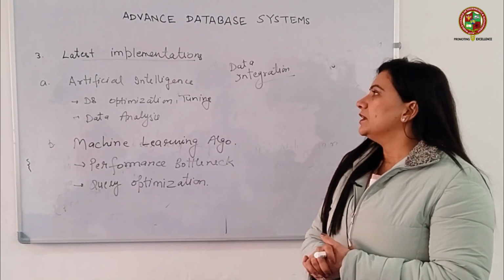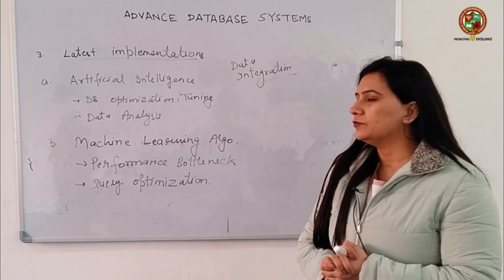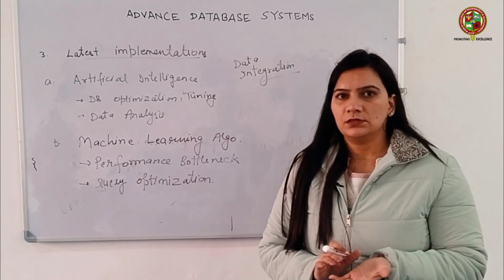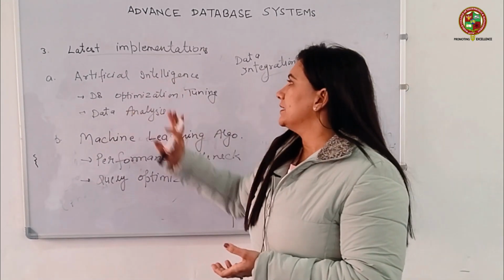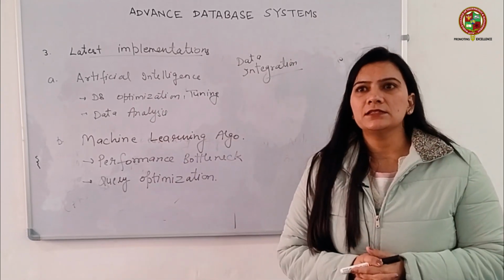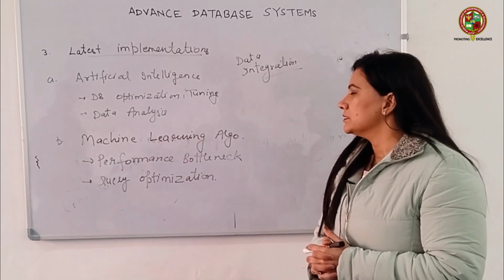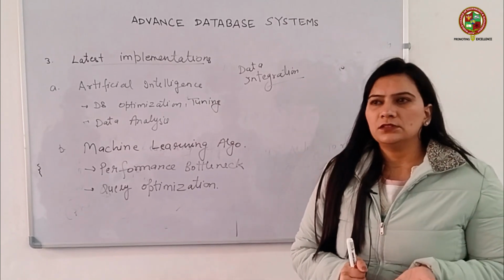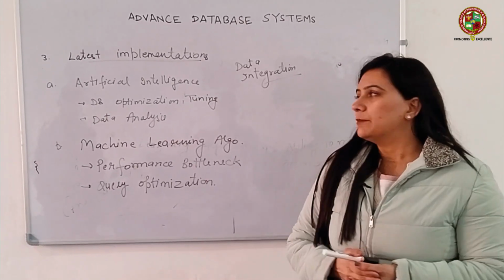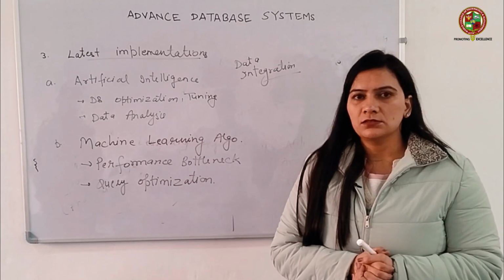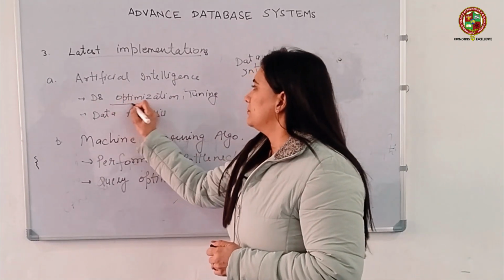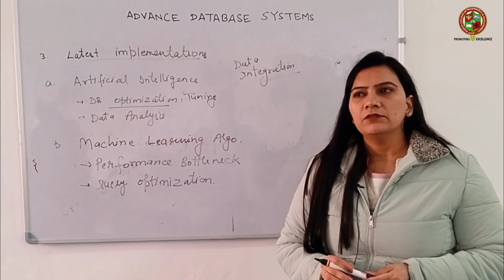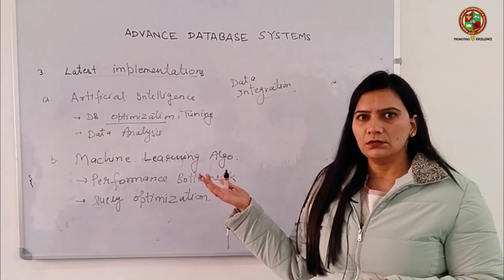Using some machine or some algorithm, we can make decisions, right? With the help of artificial intelligence integrated with the DBMS, we can schedule our routine tasks. For example, we can optimize the database. Database optimization is one of the processes which we can do with AI.